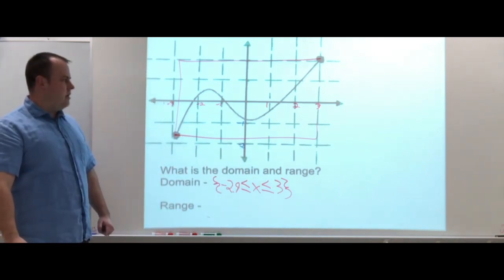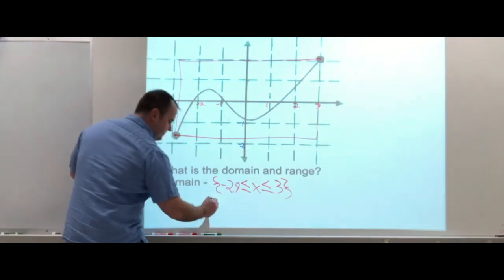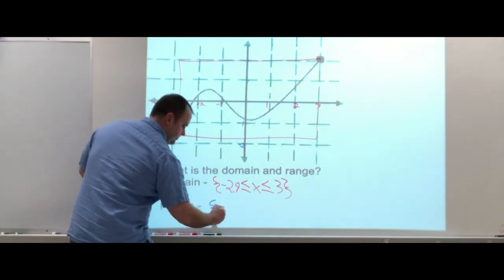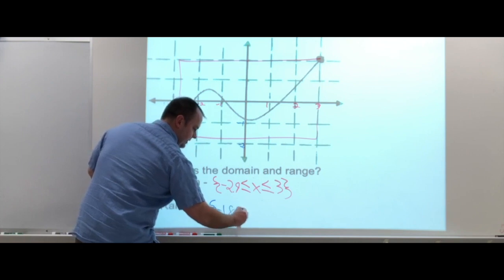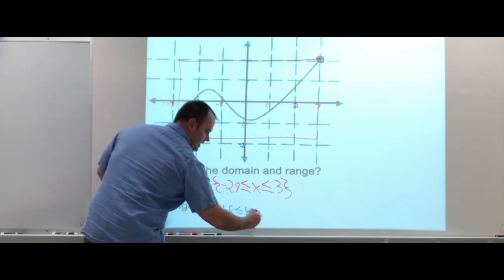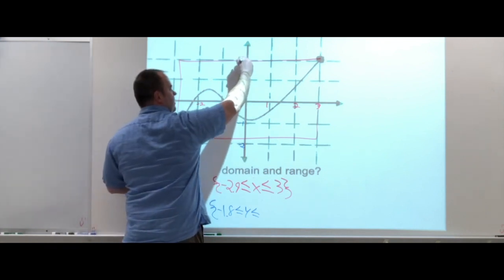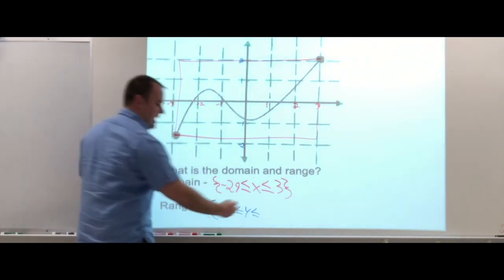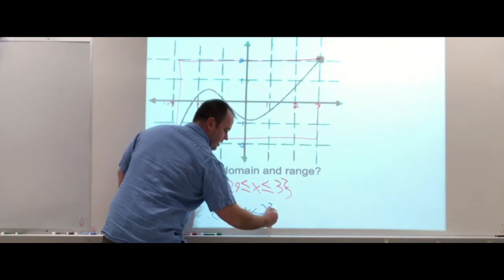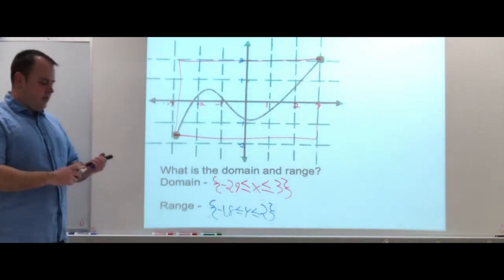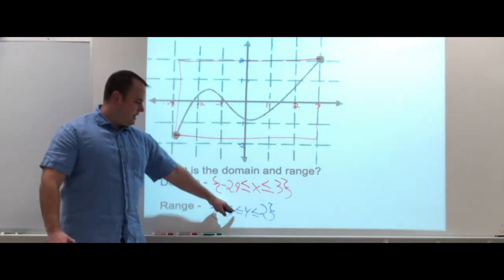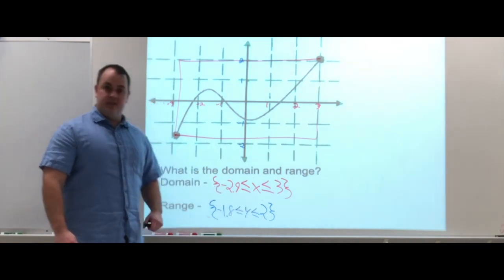I'm going to say negative 1.8, less than or equal to y, less than or equal to, going up, 1, 2, that's right on 2, so less than or equal to 2 there. So we have negative 1.8 less than or equal to y, less than or equal to 2.